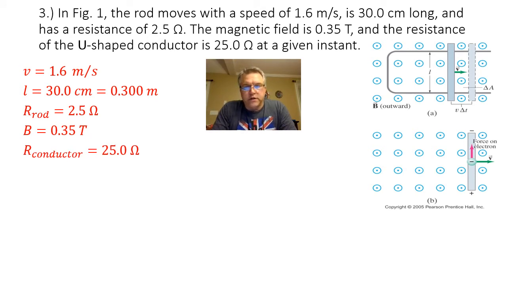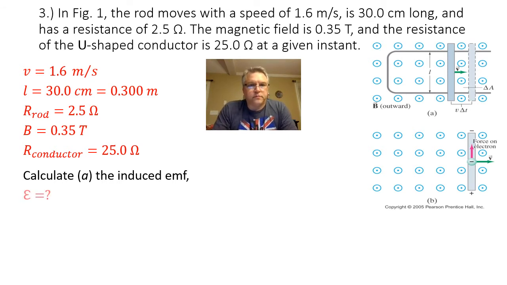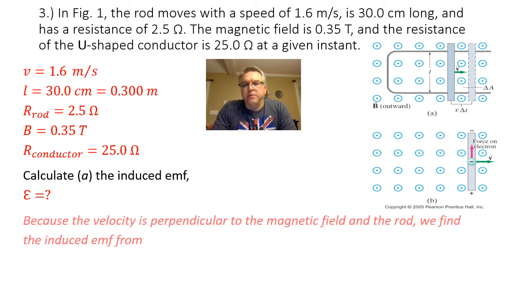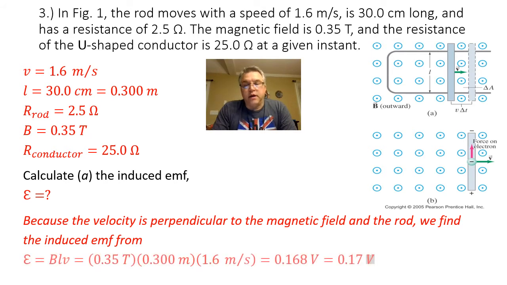The first thing that they want us to do is calculate the induced EMF of the conductor, or the rod, I should say. Because the velocity is perpendicular to the magnetic field, we can get the EMF using E equals BLV. Don't need to do any rearranging here.